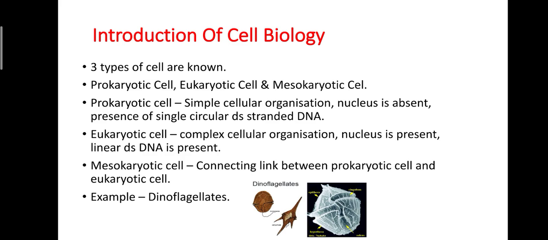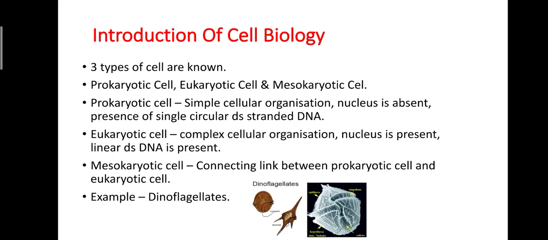on the basis of cellular organization, all living beings are categorized into three types of cells. You can say there are three types of cells known. They are the prokaryotic cell, the eukaryotic cell, and the mesokaryotic cell. In the course of evolution, the first life was produced, which is called the protobiont, and that first life was considered a prokaryotic cell.